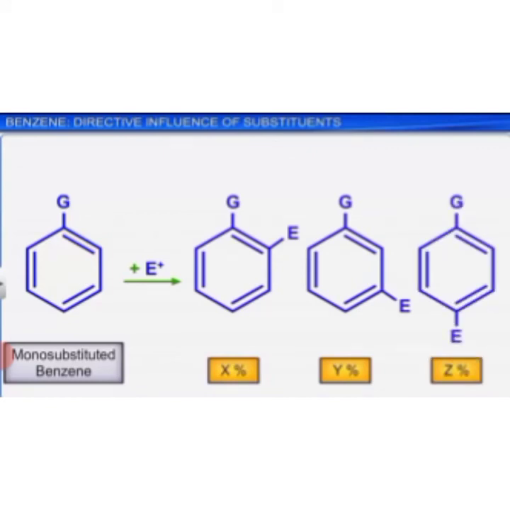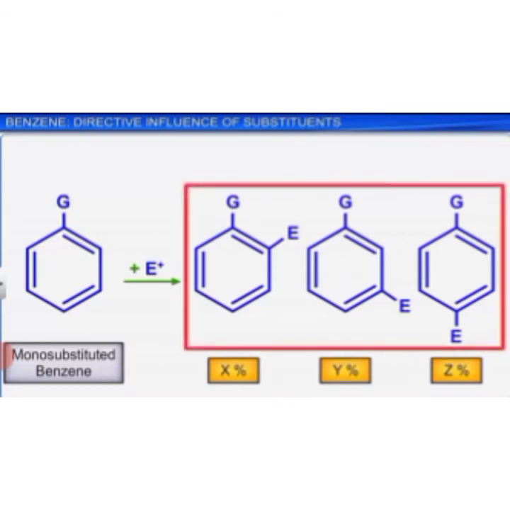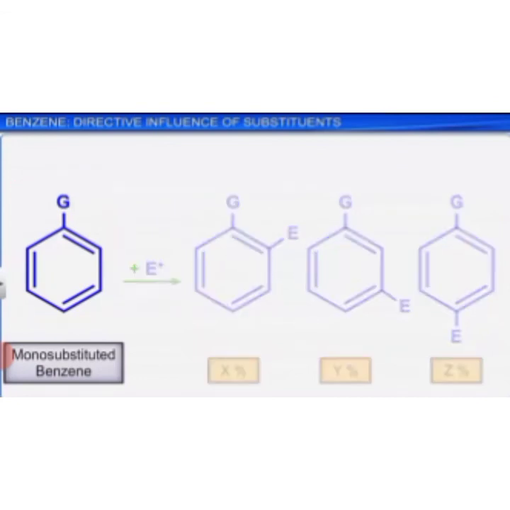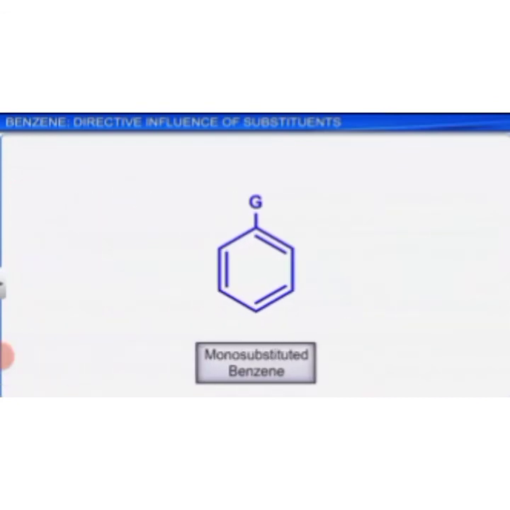The disubstituted product formed in major amounts depends on the reactivity of the monosubstituted benzene. In turn, the reactivity of the monosubstituted benzene depends on the nature of the group that is present on the ring. A group can be either electron releasing or electron withdrawing.